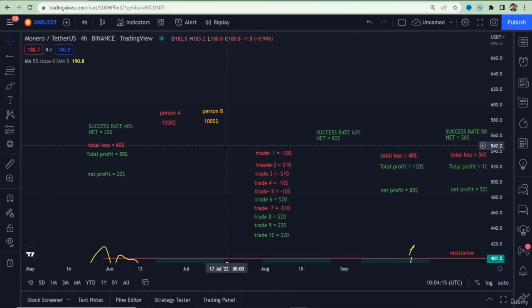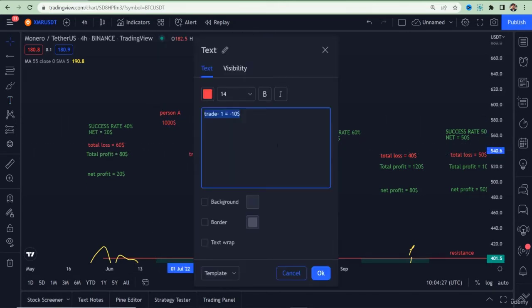Now let's suppose this person does not use any kind of risk management and he is taking a trade. Trade 1, no risk reward. He puts everything in. For example, he put $1,000 and let's hypothetically say he made $1,200, like $200 profit.